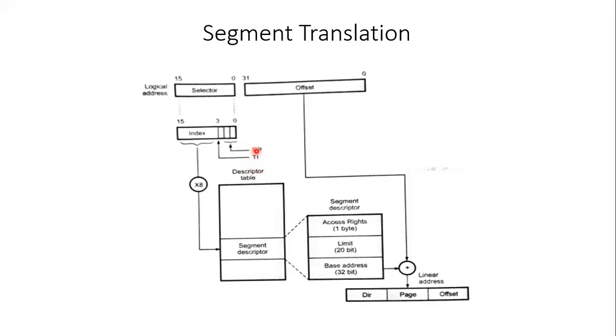This TI means table indicator. This table indicator does the work of decoding, and it will tell which descriptor table should be referred by the selector. Means it will tell that so and so selector should refer so and so descriptor. So in short, which table descriptor should be referred by the selector is decided by the TI bit, that is the table indicator.